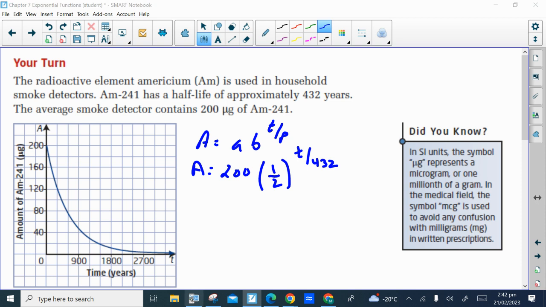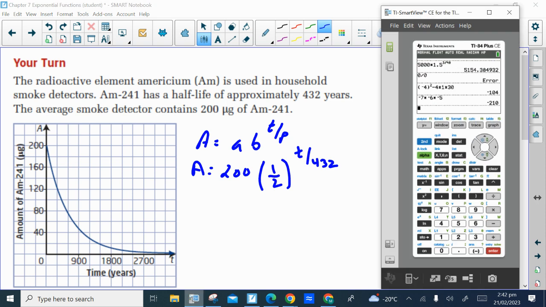So what do I mean by that? Well, if t is 900 years, you can see that the value of A, the amount, should be between 40 and 50. Maybe a little closer to 40 than 50, but between 40 and 50 nonetheless.